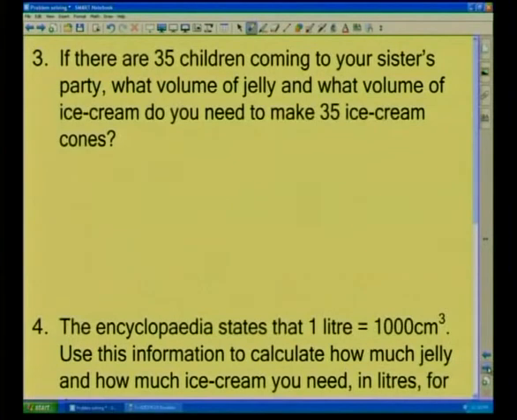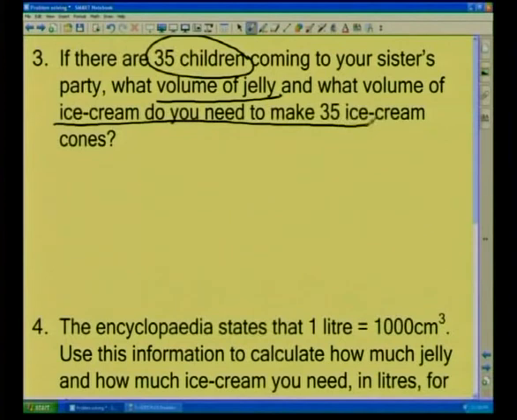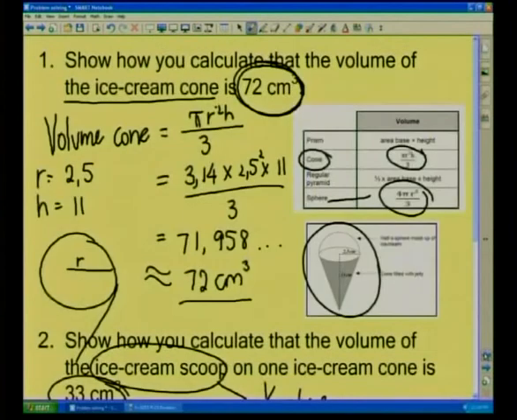If there are 35 children coming to your sister's party, what volume of jelly and what volume of ice cream do you need to make 35 ice cream cones? Okay, so we know that we've got the volume of jelly, and that was the volume from our cones, which we worked out to be 72.